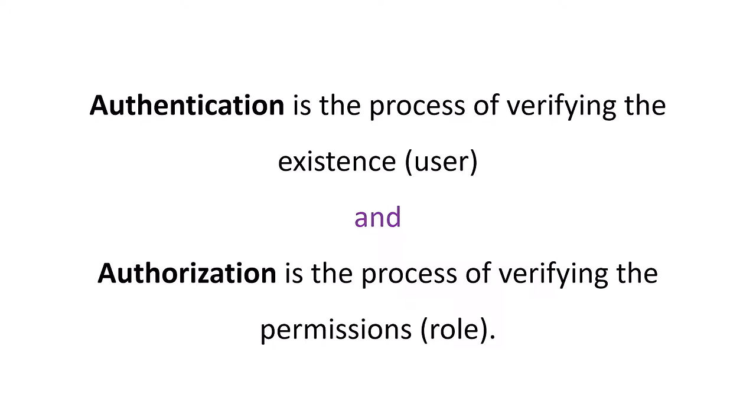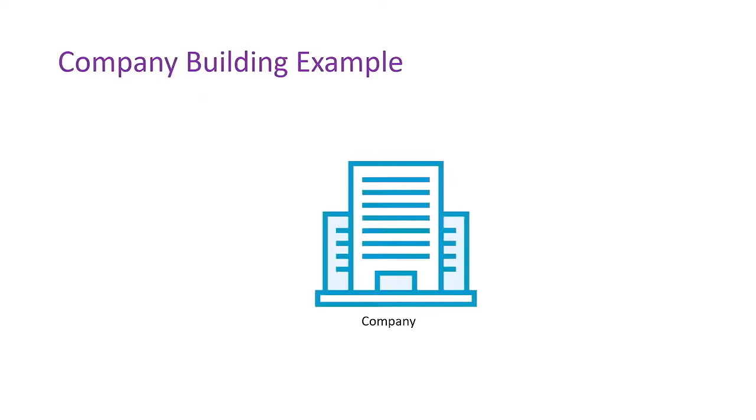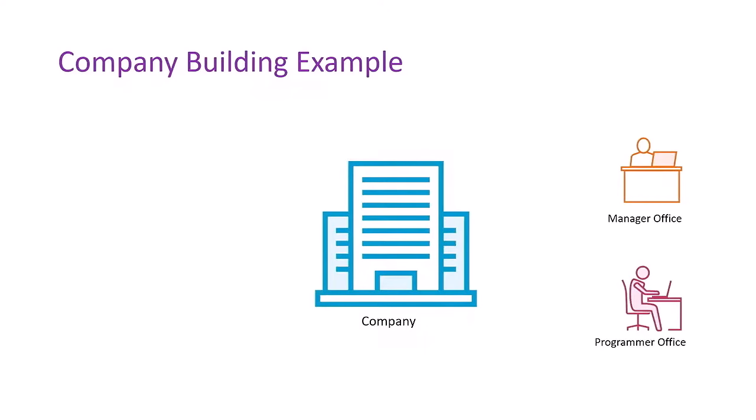But to understand this better, let us talk about a real-world example. Let us think of a company building. Within this building, you can have different offices, like for example the manager office, the programmer office, etc. And in this company, you have different employees, or let us say, different users.